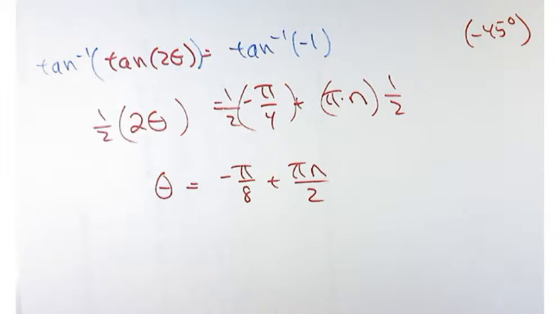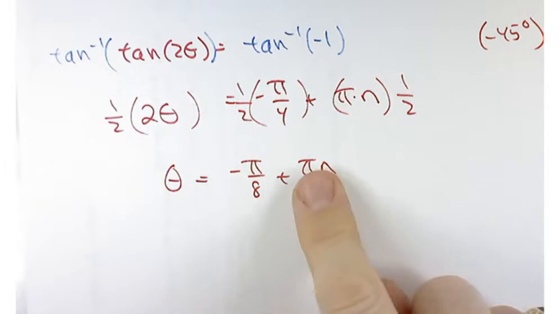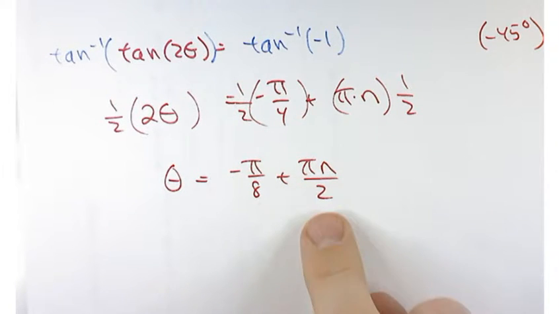Let's play the same game with this one that I did with the last one. Let's clean this up a little bit so that I can figure out what it looks like in general. Greg? Because if you did it afterwards, then you'd have pi n, and you should really have something about half of that. Good question.